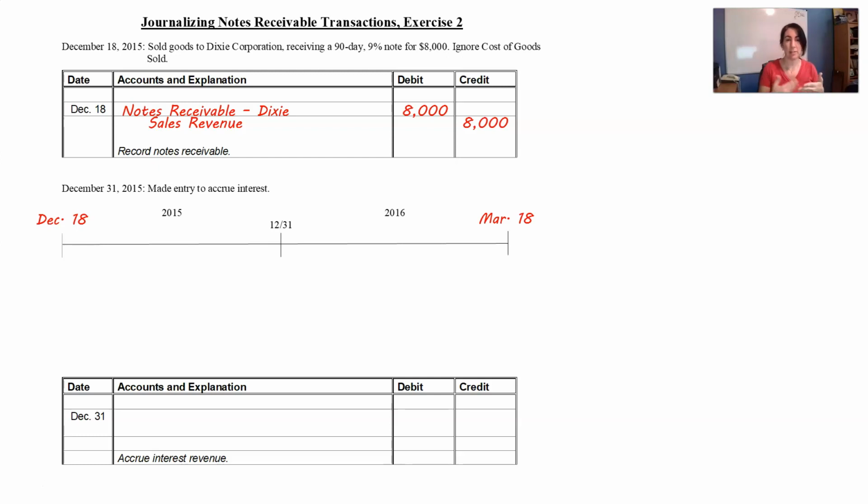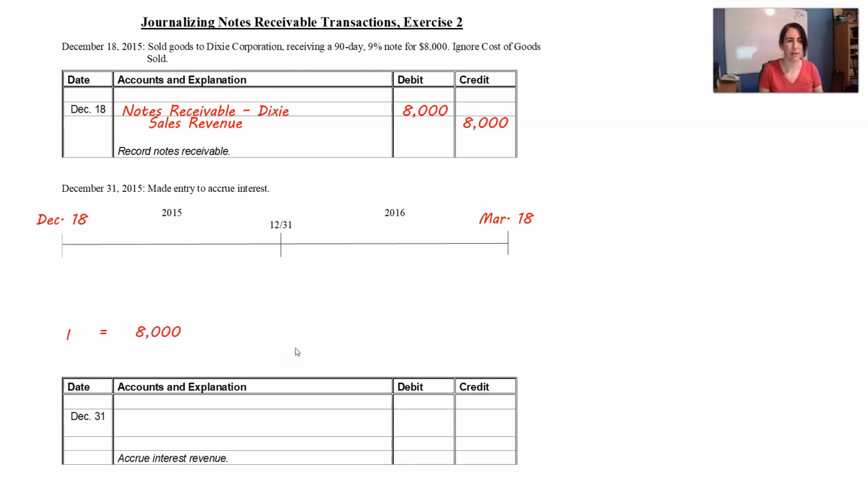So in this case, if it's interest revenue, you earn some in 2015 and you earn some in 2016. Remember, we don't care about when the cash is received. We care about when the revenue was earned. And on the flip side, when the expenses accrued, but we'll get there when we talk about payables.